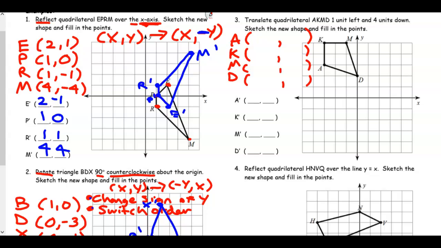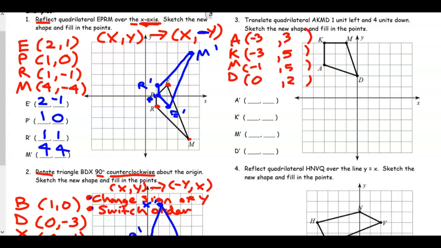So for A is -3, 3. K is -3, 5. M is -1, 5. And letter D is 0, 2.